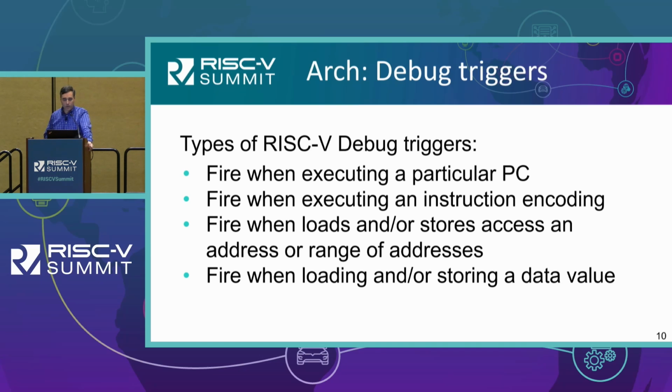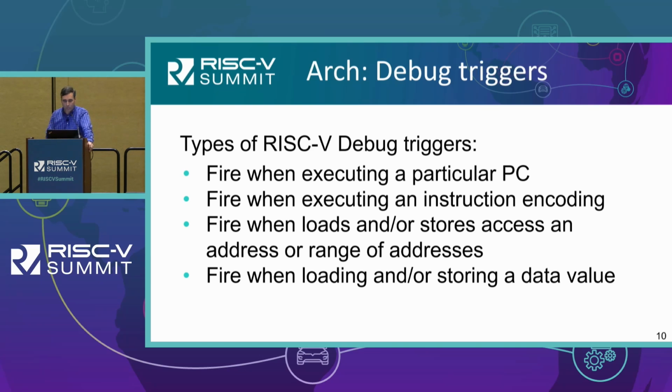The trigger module is the thing that allows control to pass to a debugger, native or external, on certain events. The trigger module provides a powerful set of triggers. There are execute triggers that are like normal PC breakpoints.